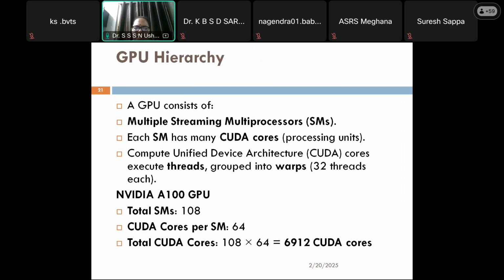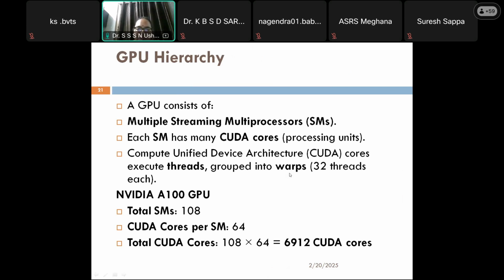Within SMs, we have CUDA cores. What is CUDA? It is the abbreviation for Compute Unified Device Architecture. Within an SM, we have CUDA cores, and those cores are going to execute the threads, which are grouped into warps.